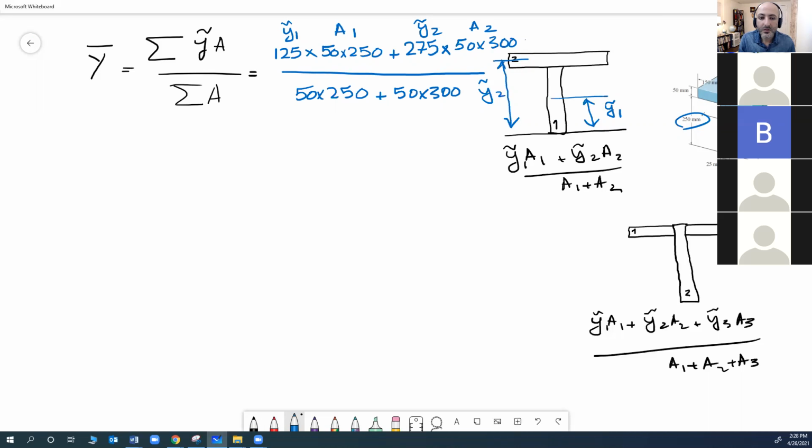The result of this is going to be 206.8 millimeters.